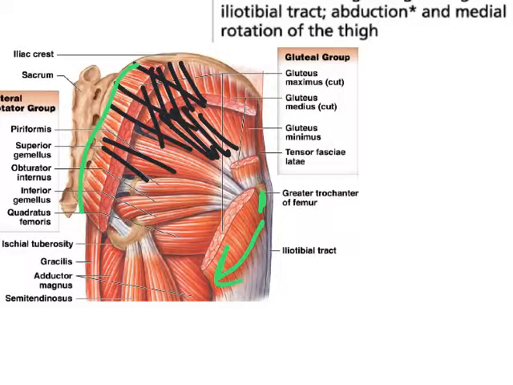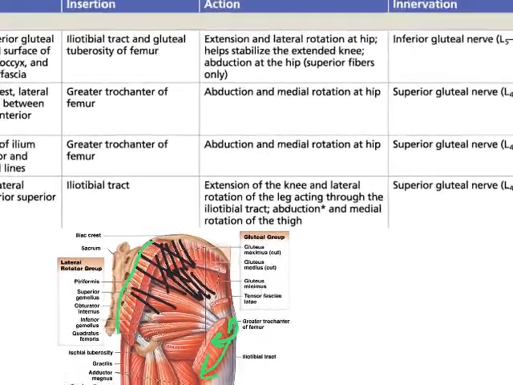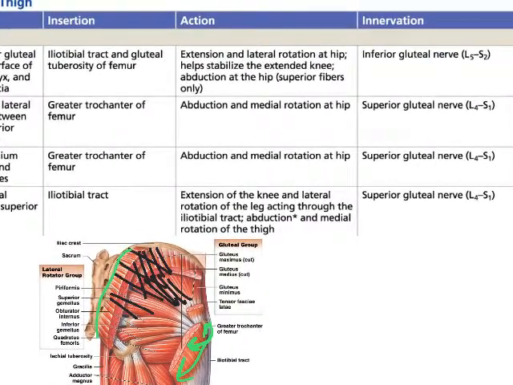You can also imagine, because it's attaching to the outside, it's going to also pull the lateral aspect posteriorly, and that's going to cause some lateral rotation of the hip as well. So we get extension and lateral rotation of the hip. It does help when you extend the knee, and you get some abduction at the hip as well, only if the upper fibers here are activated.